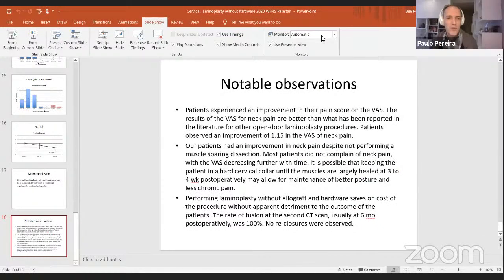Thank you very, very much for this presentation. I always listen with great interest to lectures on spine surgery without implants, given the growing trend towards more complex surgeries and more expensive implants. If this is a problem in developed countries, I think it's even a much bigger problem in underdeveloped countries with scarce resources.